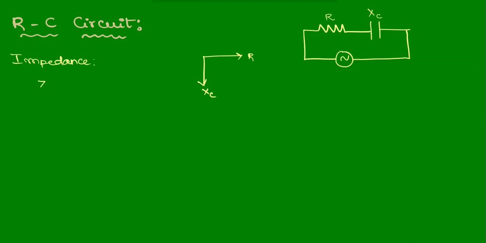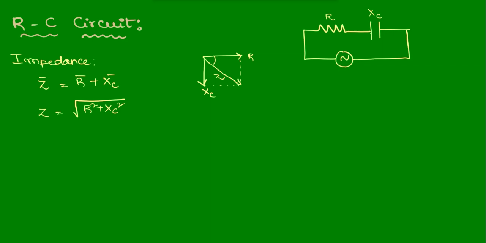That impedance we represent with Z, that is R bar plus Xc bar. As they are mutually perpendicular, its resultant will be taken like this. This will be the Z. That Z value will be equal to square root of R square plus Xc square.